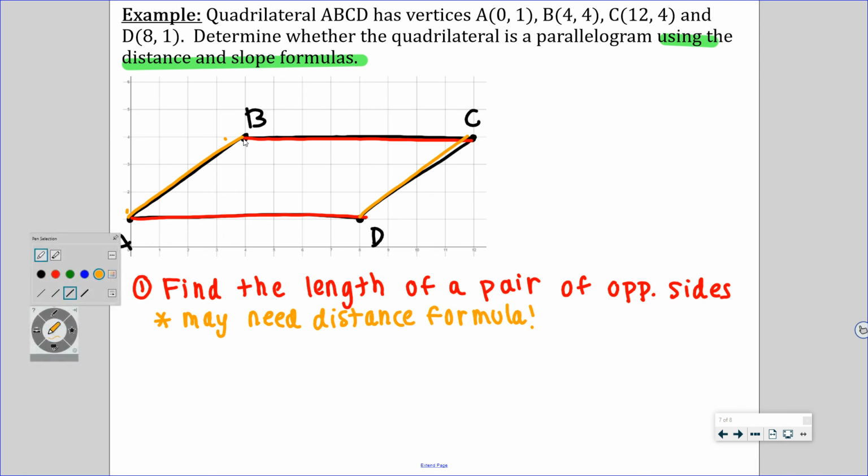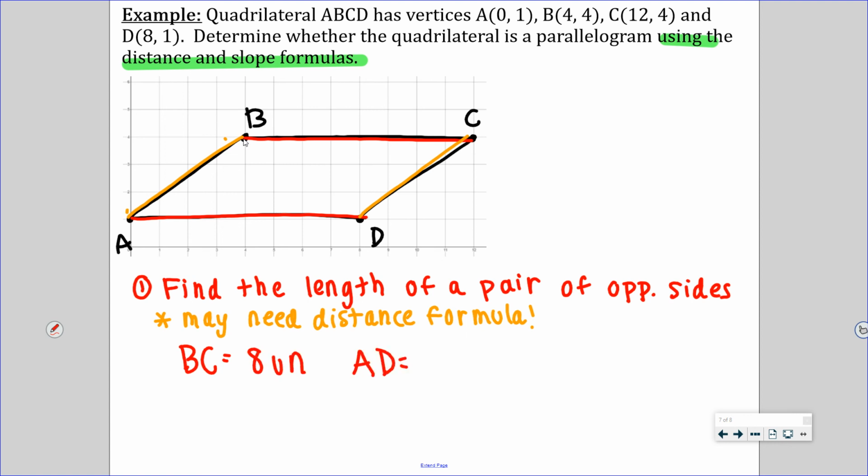Okay, in this case we don't, because Ben decided to use the nice, clean, horizontal sides. So how long is BC? What's that length? 8. Good, 8 units. What about AD? 1, 2, 3, 4, 5, 6, 7, 8. Also 8 units. So we just showed those are congruent.